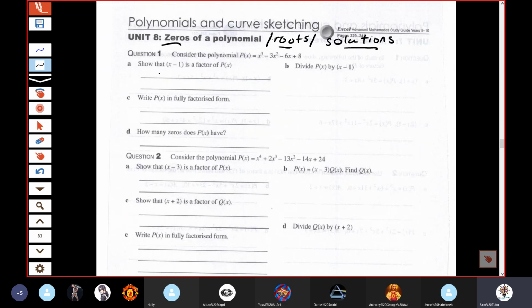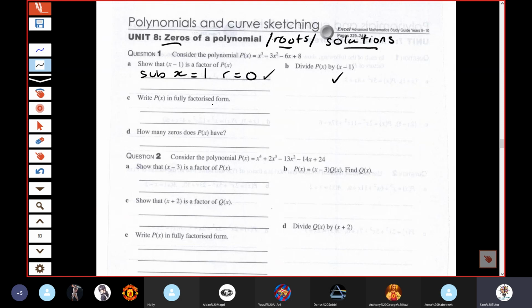Consider this polynomial. Show that x minus 1 is a factor. What do you do? Sub x equals 1, and it needs to give you a remainder of 0. Any questions there? Good. Divide by x minus 1.